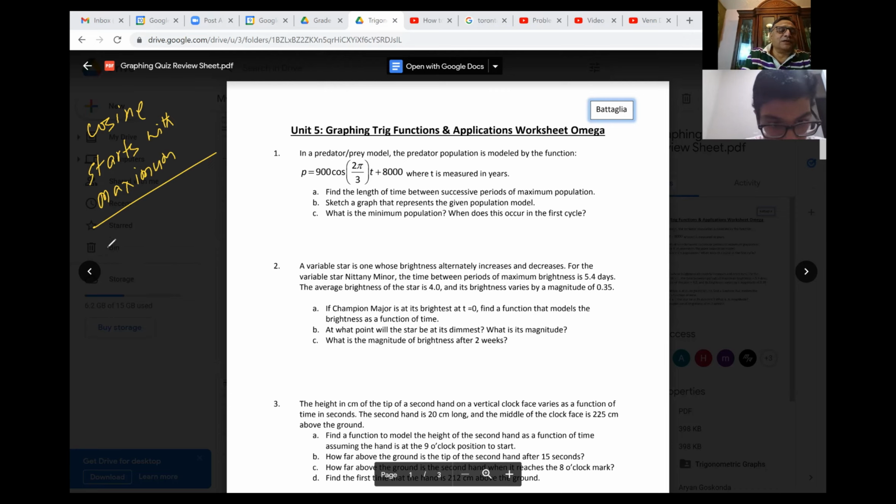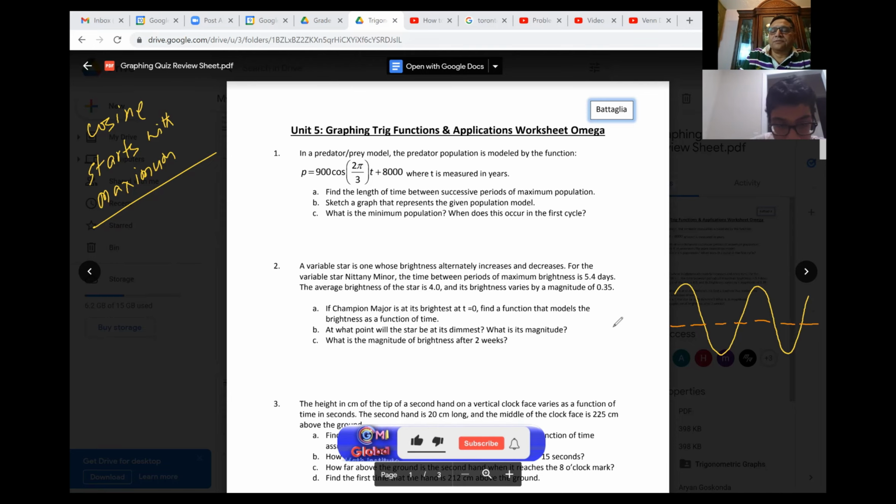So let me sketch this function here itself, big and bold. Okay, not bad. So we have this function here. Since 900 is the amplitude, from the given values, this is my axis, correct? So axis is given to us as 8,000. Perfect. The maximum will be, you have to add the amplitude to it, right? So we'll add 900 to this.